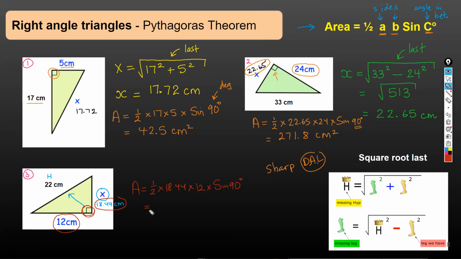Let's see what we get here. 0.5 multiplied by 18.44 multiplied by 12 multiplied by sine 90. And I'm getting 110.64 centimeters squared. Make sure you see that on your calculator. Right.